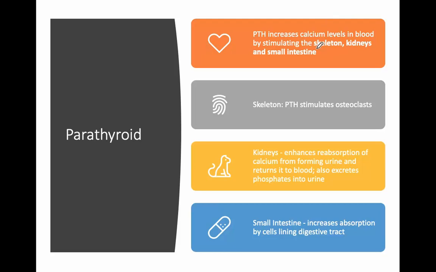So our skeleton is stimulated to be broken down and release the calcium. Our kidneys are stimulated to keep more calcium, and our small intestine is stimulated to actually absorb more calcium. All of those things are jobs of the parathyroid. So that just breaks it down to the osteoclasts, resorption, and of course increased absorption.